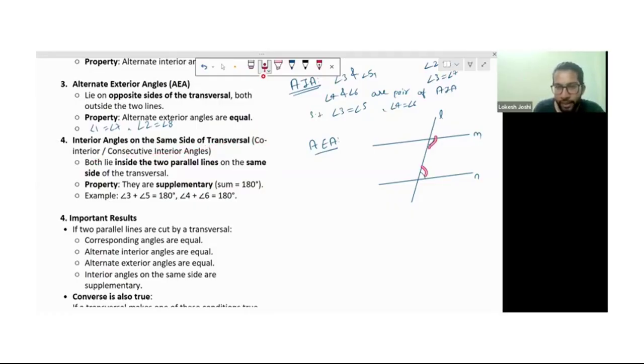pair and the next pair will be this one. Okay, so their property, they are supplementary, and we know supplementary angles are the angles whose sum is 180 degree. So we can write this angle is 3, 5, 4, 6, 1, 2, and this 7, this 8.